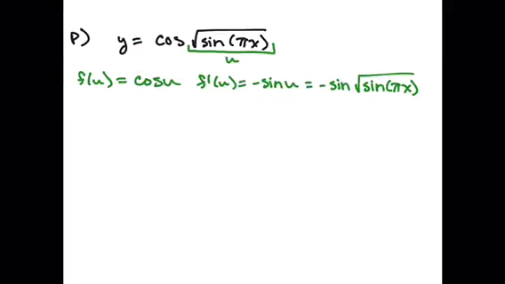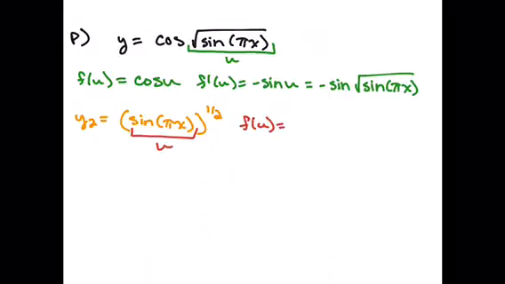Now we need to go back and get a second function and take its derivative. So we'll let our y2 be the u we chose here, and I'm going to write that as sine of pi x all raised to the 1/2 power. So we're going to let sine of pi x be our u here. Then our f of u is u to the 1/2. Its derivative is 1/2 u to the negative 1/2.